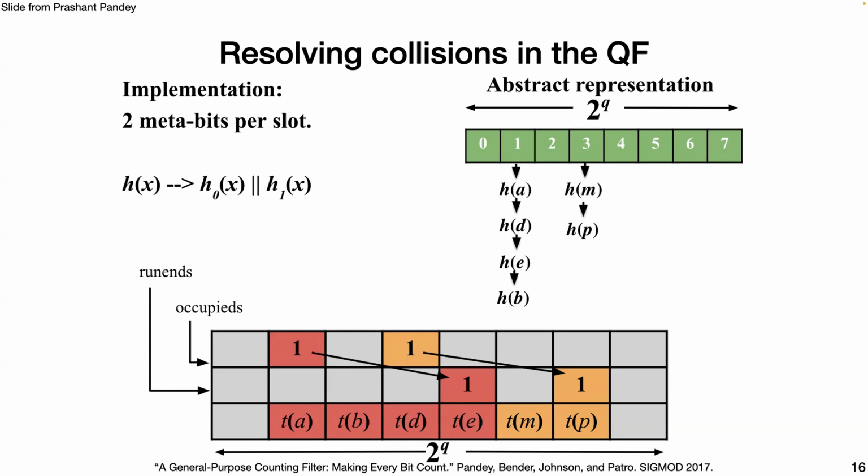Here they're stored in order. I guess the fingerprints are stored in order. Or sorry, the lower bits, the tag. So this is assuming that the tags are in order of the elements, which is not necessarily true, but it is in this example.